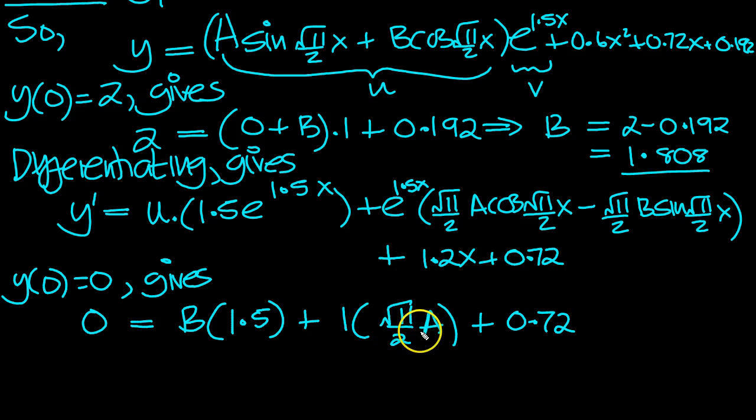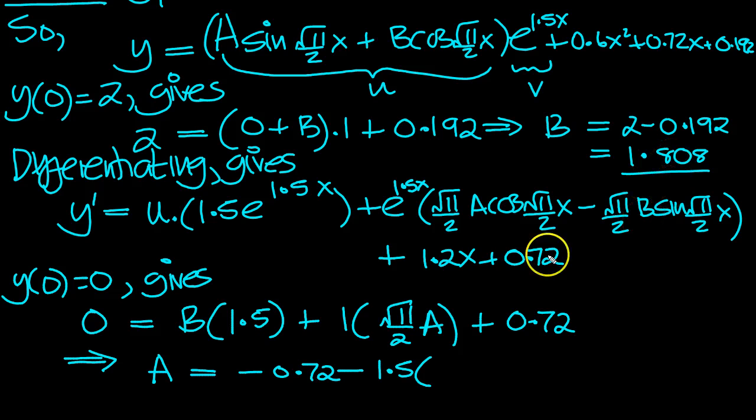So now we can work out a. That tells us now then that a is equal to, so let's move this over, minus 0.72 minus this stuff, which is 1.5 times b, and I'm going to write b in now because it was 1.808.